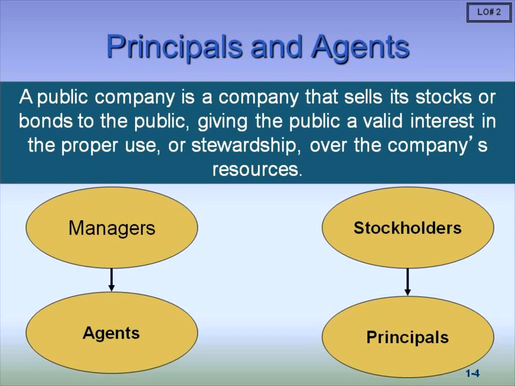As a result of the asymmetry, the agent, which is the manager, agrees to be monitored as a part of their employment contract, and we talked about employment contracts. Auditing is the best cost-effective way of monitoring the information that agents put into the financial statements.